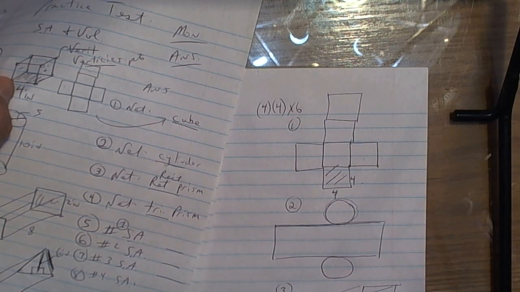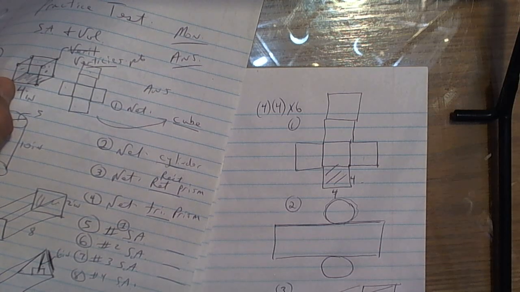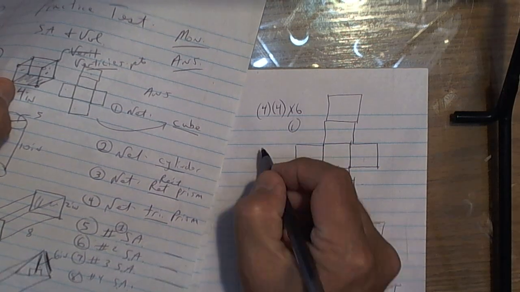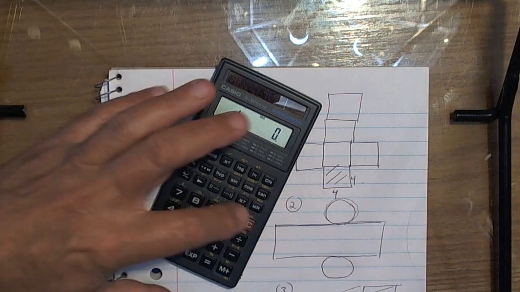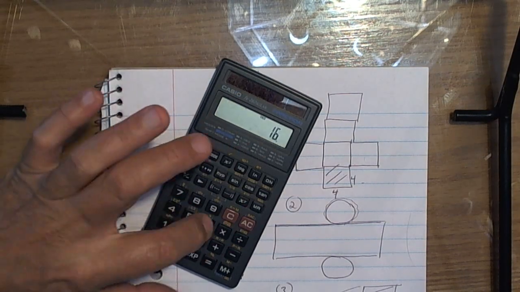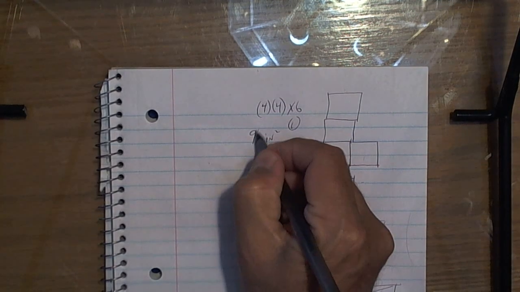So 16 times 6, whatever that is. Okay? And it's going to be square inches. So 16 times 6, 96 square inches. Let's go on.